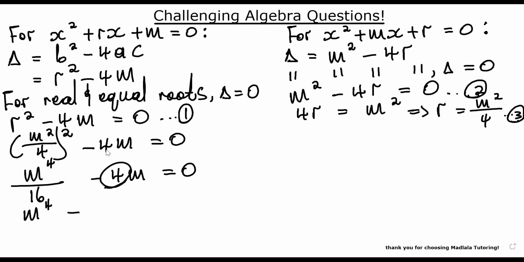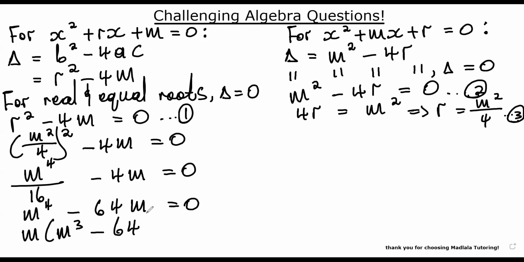Well, 4 times 16, 16 by 2, it's 32, so by 4, it's 64. Okay. Then here we are going to take m out as the highest common factor. And so we'll be left with m cubed minus 64. And this is equal to 0.